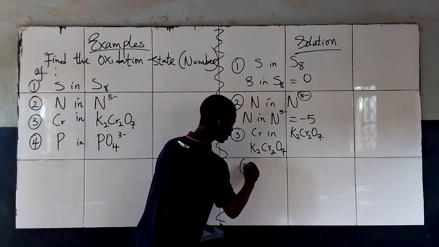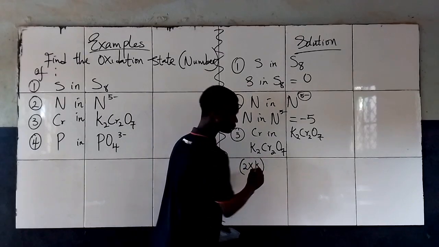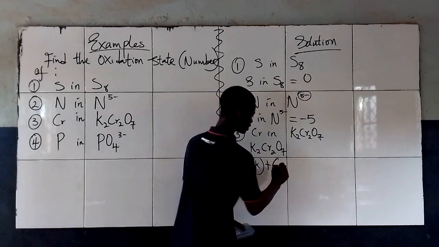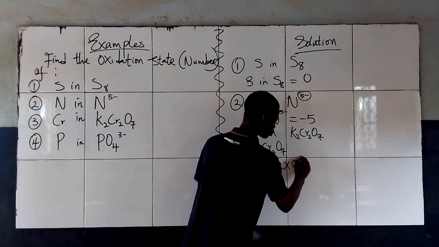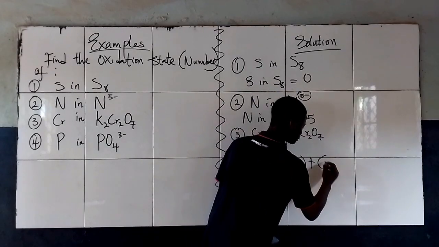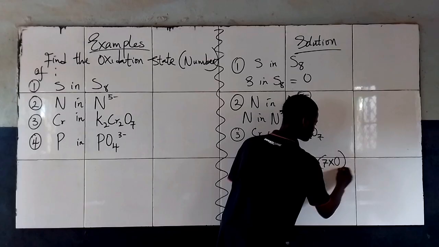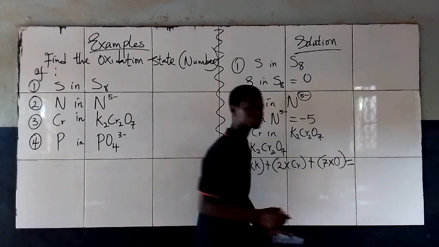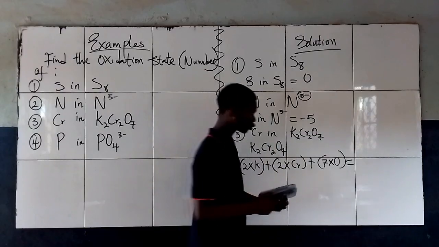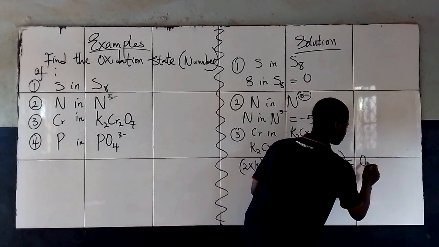You are seeing 2 atoms of potassium, plus how many atoms of chromium? You are seeing 2 atoms of chromium. How many atoms of oxygen? You are seeing 7 atoms of oxygen. It should be equal to what? For a neutral compound, we should equate it to 0. So you put here 0.